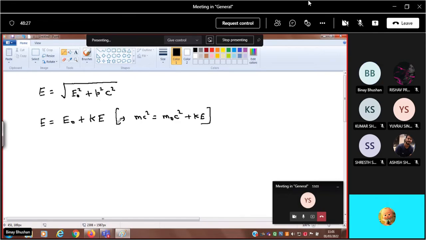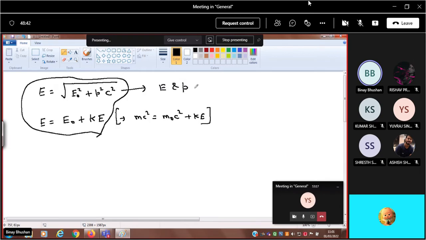So in STR, energy and momentum are related by this quantity, right? This is the energy and momentum relation. And this one is the total energy and kinetic energy relation.